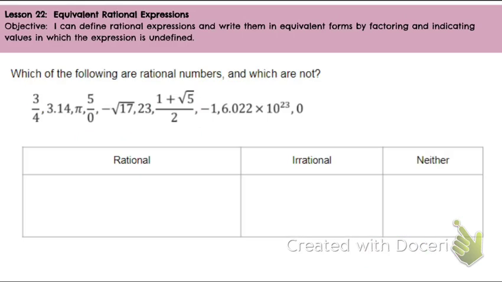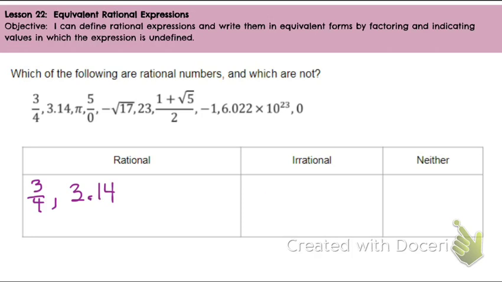It says, which of the following are rational numbers and which are not. Rational numbers can ultimately be written as a fraction of two integers. Let's go through these really quick. 3/4 and 3 and 14/100 are rational. Pi is an irrational number.